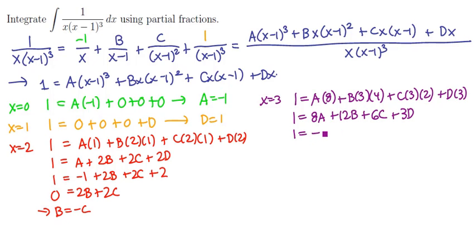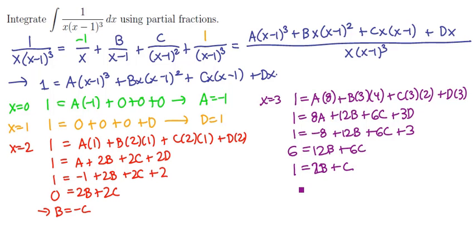Replacing a and d, we have 1 is equal to negative 8 plus 12b plus 6c plus 3. Cleaning this up, we have 12b plus 6c is equal to a grand total of 6. And if we divide everything by 6, we have 1 is equal to 2b plus c. Or if you'd like, c is equal to 1 minus 2b.